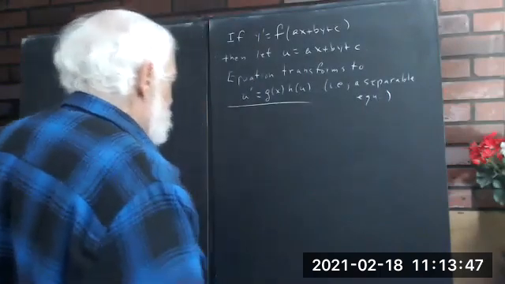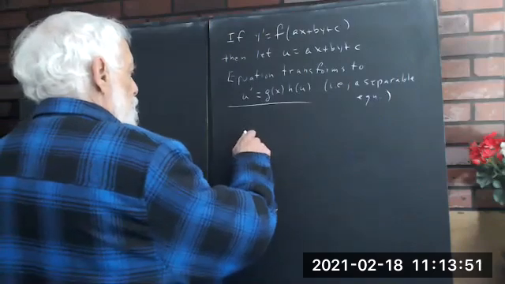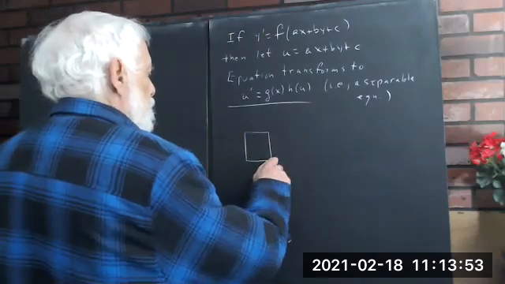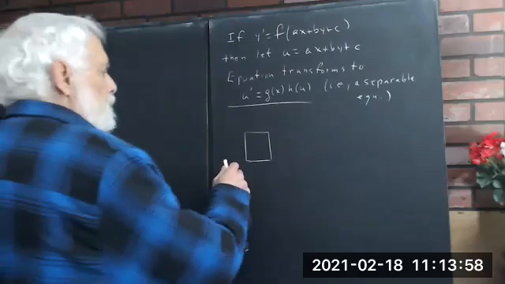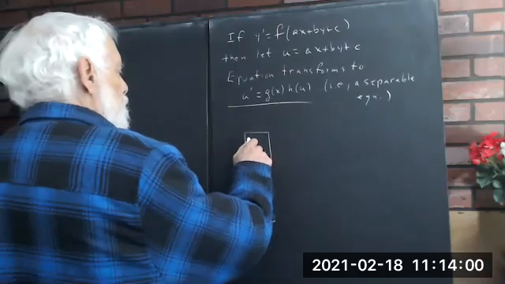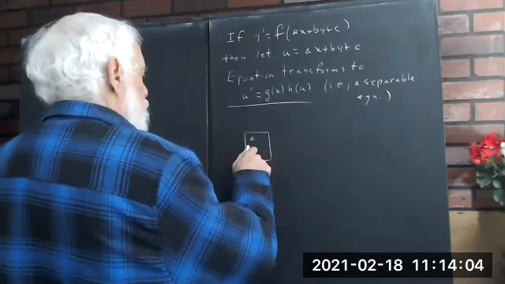Okay, just a simple mixture problem. I think we might have talked about a couple of these before, but let's just make sure. We've got a tank, and the tank has so much capacity.